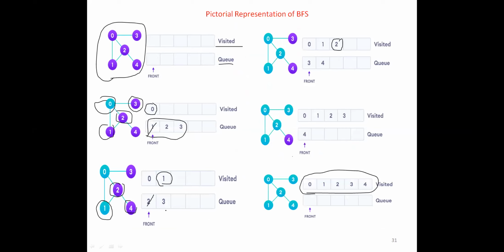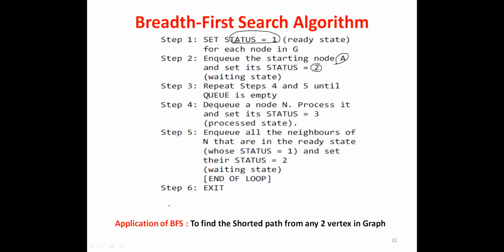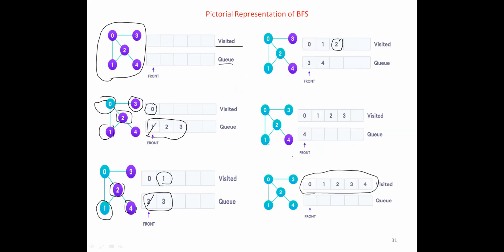I will start dequeuing the vertex from the queue and start exploring. That's what it's mentioning. Once it is visited, its status is changed to 3. It means it is processed. Whoever the node has status 3 will be in the visited array.